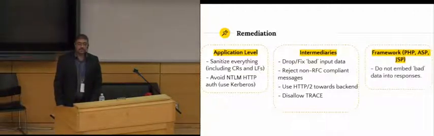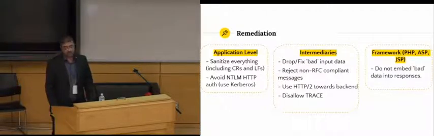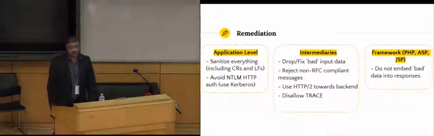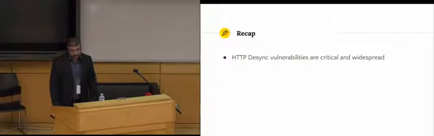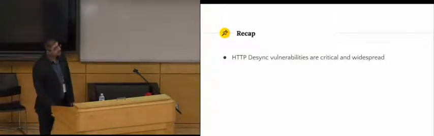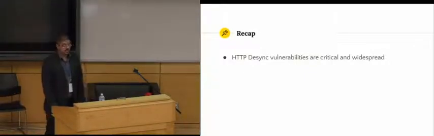For the frameworks which are used, just do not embed any bad data into the responses. That's how you remediate at the framework level. Just a quick recap: HTTP desync vulnerabilities are critical and widespread.